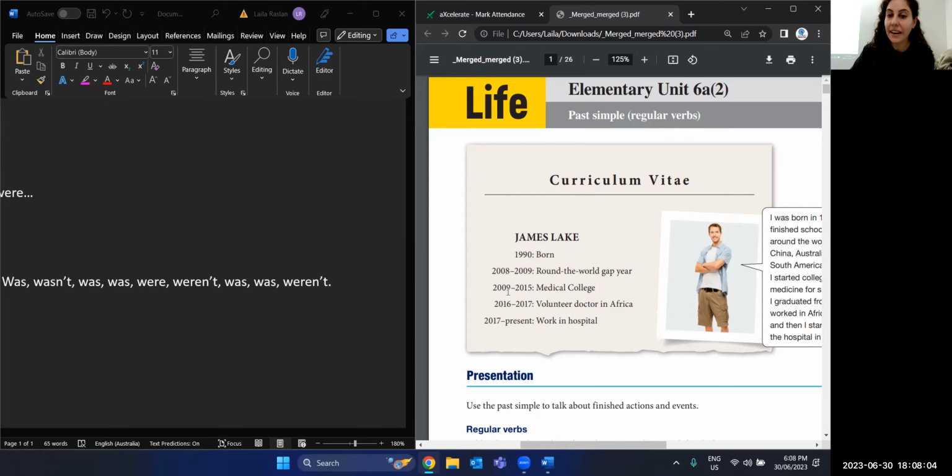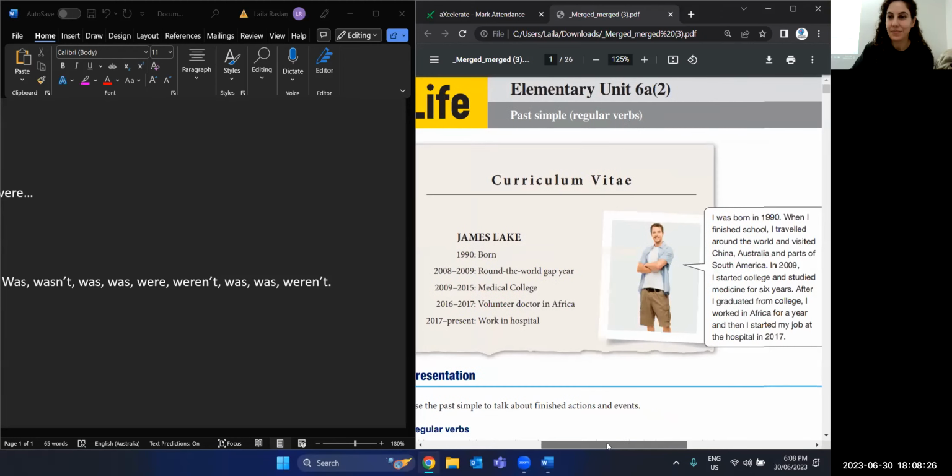In 2009 to 2015, he worked in a medical college or maybe studied there. In 2016 to 17, he volunteered. He worked as a volunteer doctor in Africa. And in 2017 until today, present, he works in a hospital.